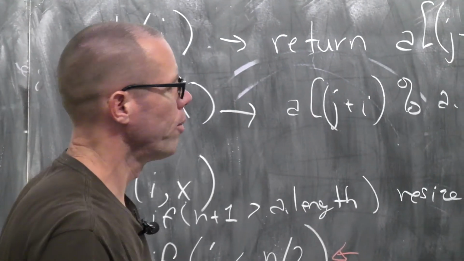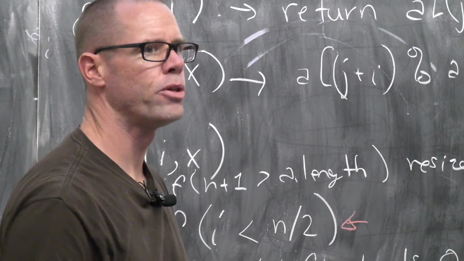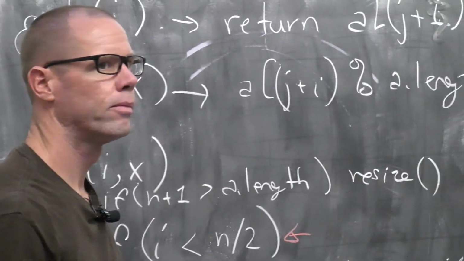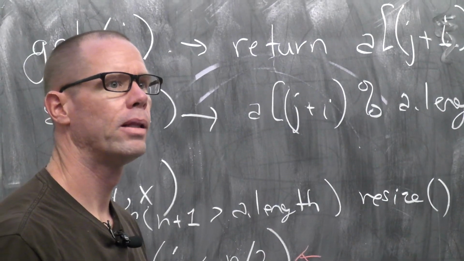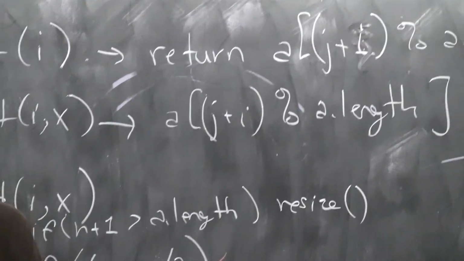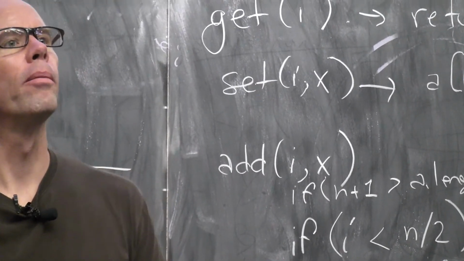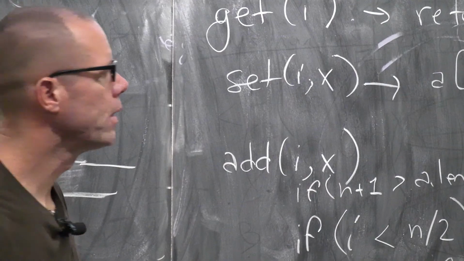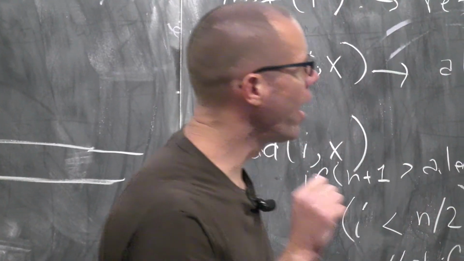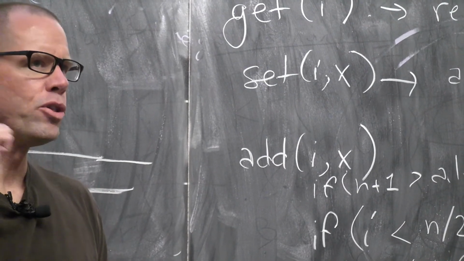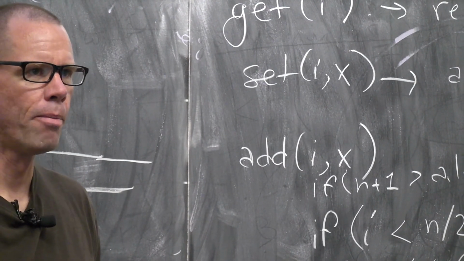So what's the first question we should ask? That actually comes after we remove. Well, I is always between 0 and n, so j doesn't actually come into it.